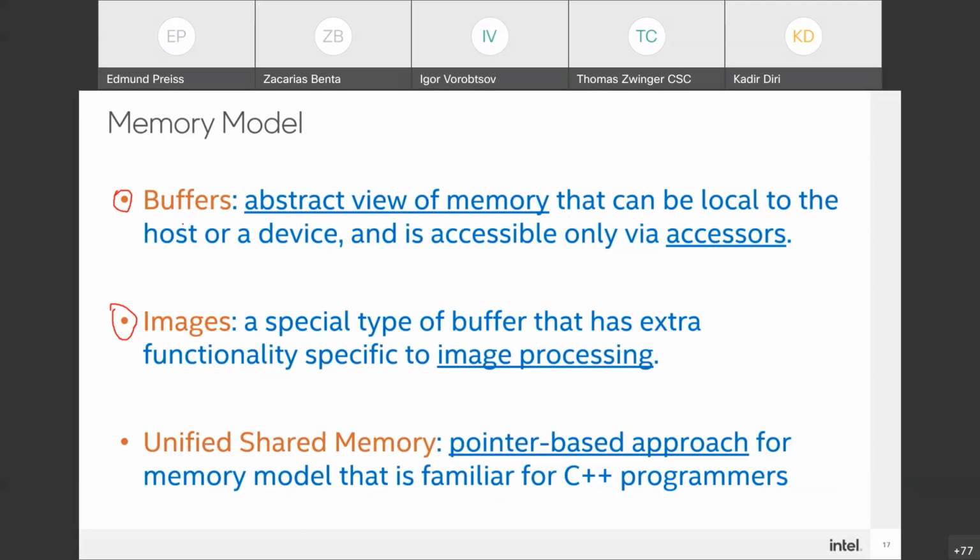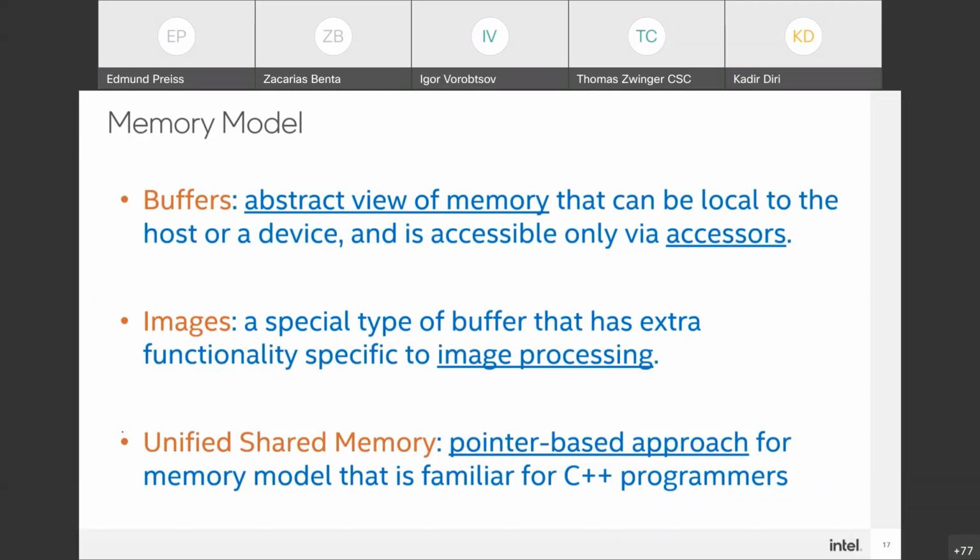And images are a similar concept. It's just a matter of what type of data you can use inside and what type of additional functionality you want to apply to this data. So it just has more APIs for image-processing specific operations. So images are actually a subset of a buffer. These are the corner cases of buffers, but the concept is exactly the same.